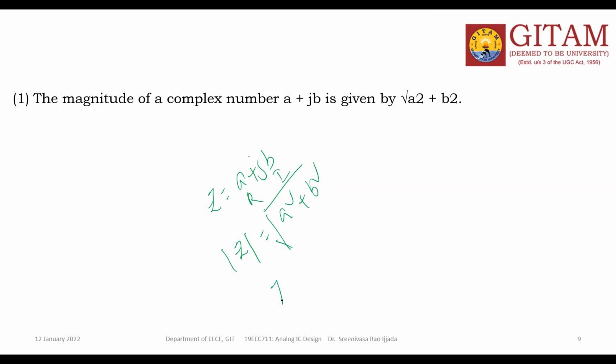Similarly, you can find the angle also, that is tan inverse of imaginary by real. The imaginary component here is b, and the real component is a. This is the magnitude and this is the phase. You can take these two for sketching the respective analysis or response.